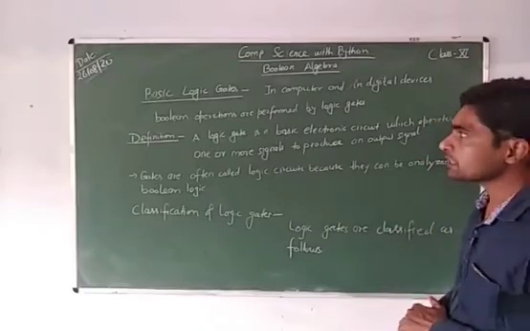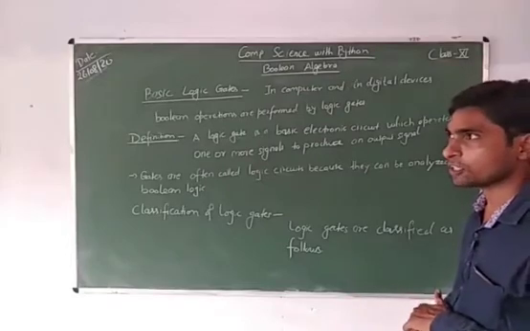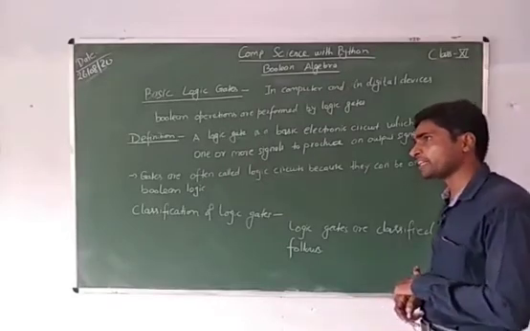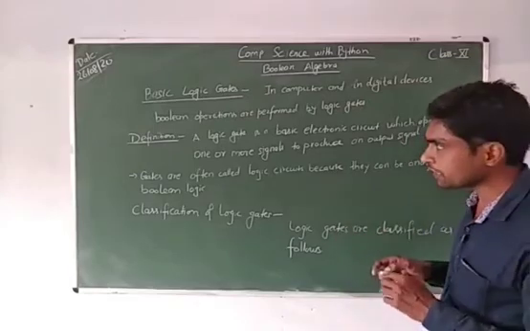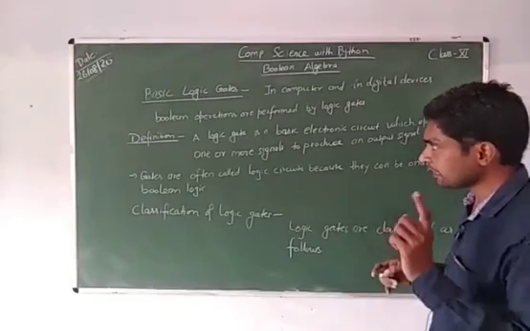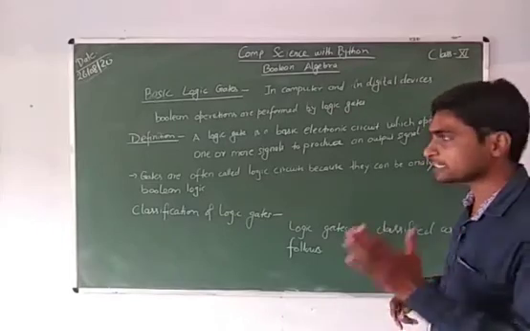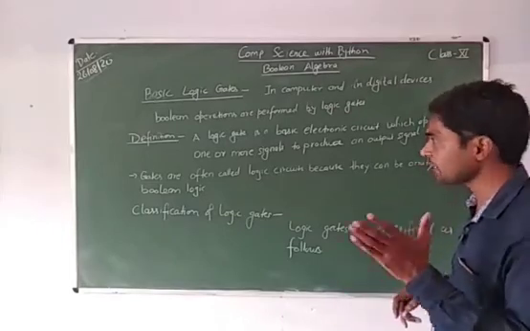Now let us see the definition of logic gate. You can find different definitions in different books. I am going to explain a common definition that is very simple and will help you.